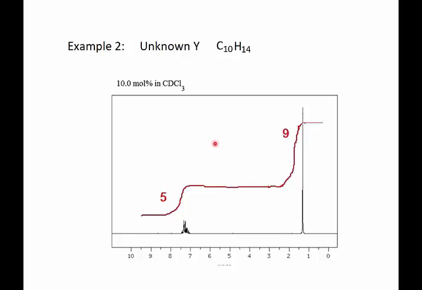There isn't really anything else in that area. So let's check and see. This signal is at 7.3. Indeed, this for sure looks like a benzene ring, because it's at 7.3.